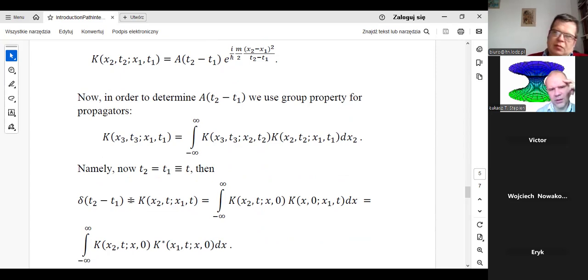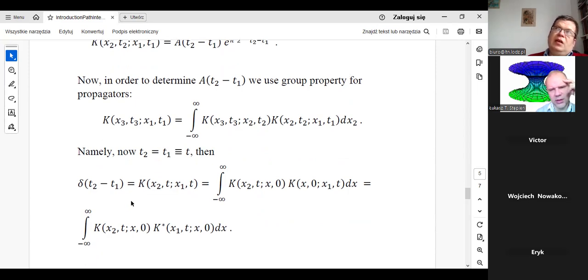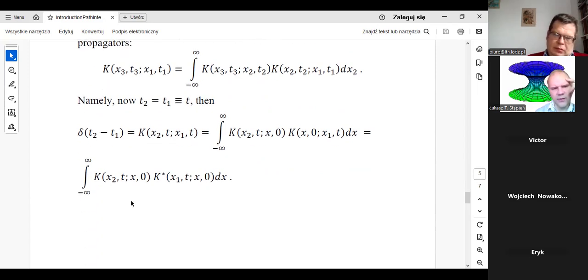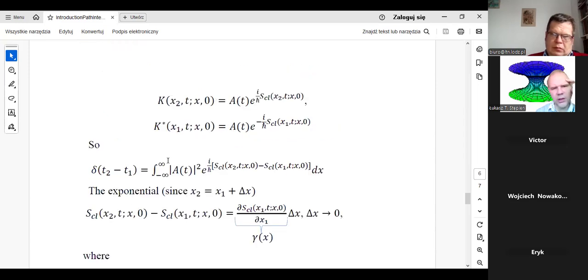So it's propagation to stay in the same place. So we use this formula, and we can write the propagators k and k star in such a situation.